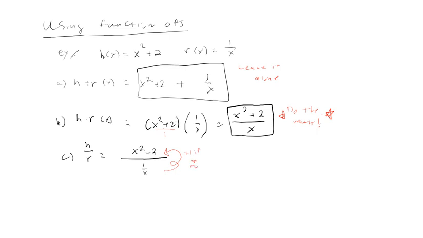So you have x squared plus 2 times 1 over x flipped, which is just going to be x, or x over 1, but we don't write the over 1. I can multiply those, no problem. Distribute that x to both of these, and I get x cubed plus 2x.